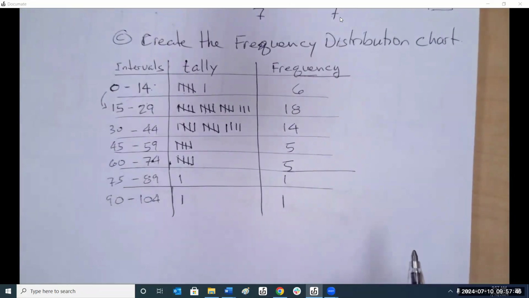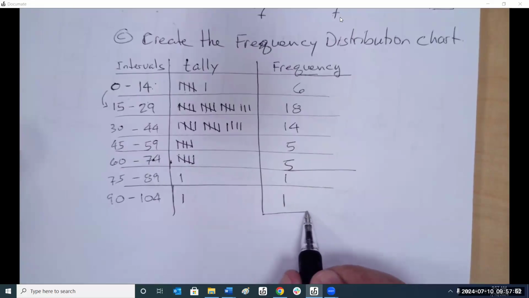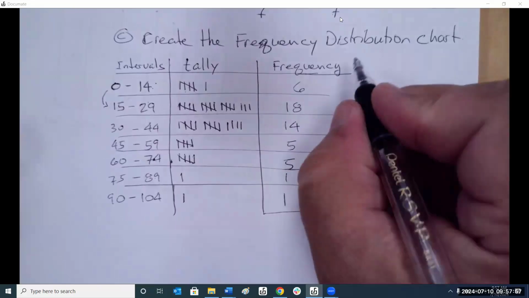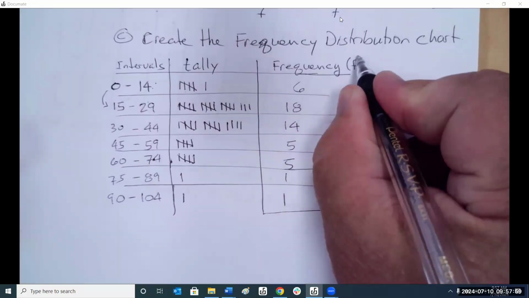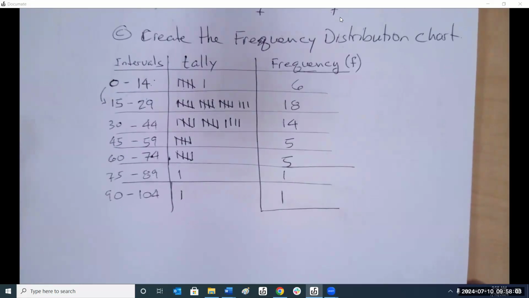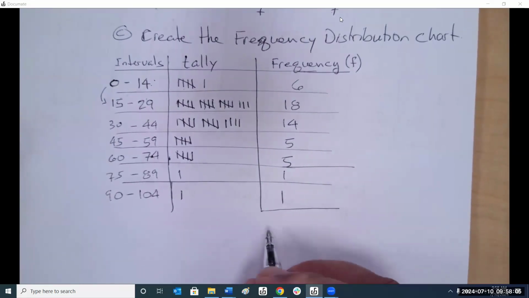This is the first step now where we do a checks and balance. If you add up your frequencies, the letter we use for frequency is letter F. In mathematics, I'm going to teach you a symbol also, because remember, mathematics is a language.